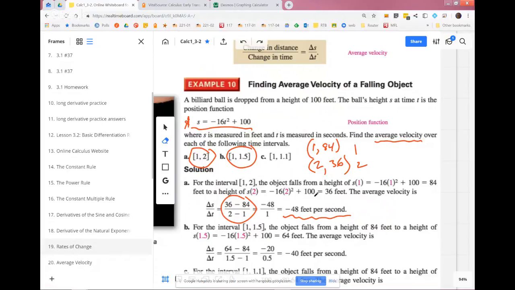So the 2 points are 1, 84, and when you plug in 1.5, it's way at the bottom of the screen down there. When you plug in 1.5, you get 64. So 1, 84 and 1.5, 64.